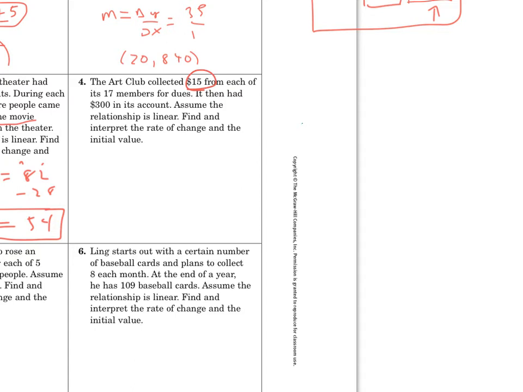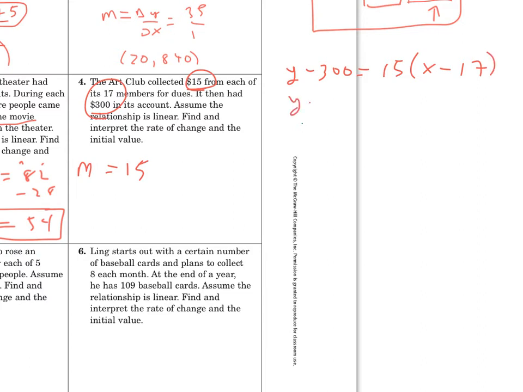So it says it's $15 per member. So that's going to be our slope, which is going to be 15. And then we have a data point at 17 members being a 300 balance. So we want to do y minus 300 equals 15 times x minus 17.